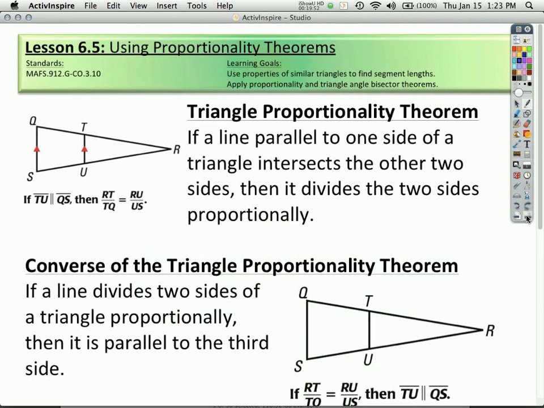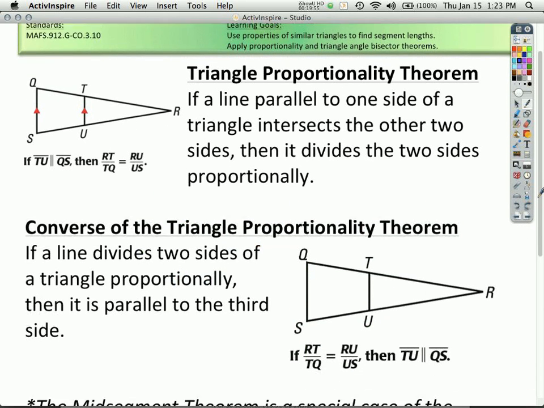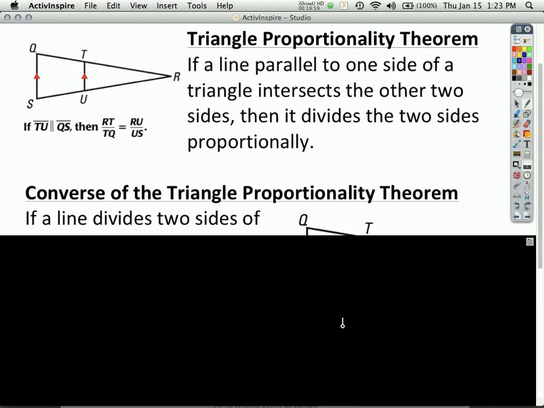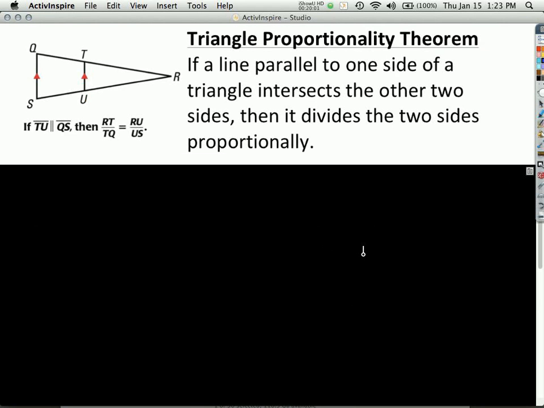So, let's look more explicitly at the ideas that we're going to be exploring today. Hopefully you have your cheat sheet already sitting in front of you. And so the first two theorems are really the same theorem, just one is the converse. So if a line is parallel to a side of a triangle and intersects or connects the other two sides, then it actually divides the sides proportionally.